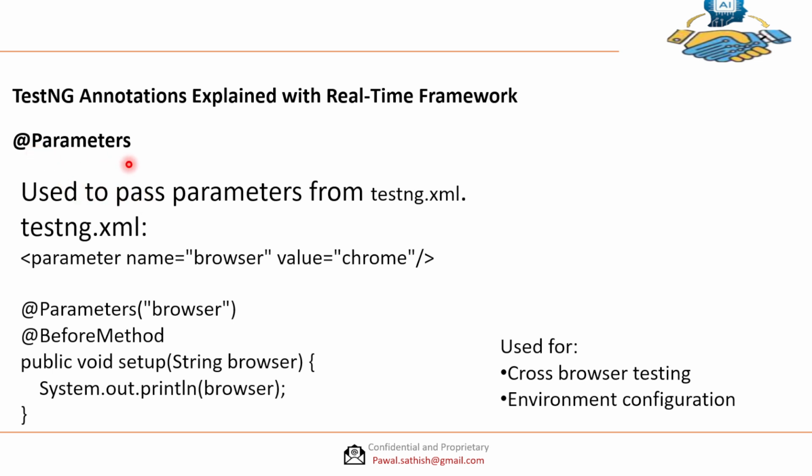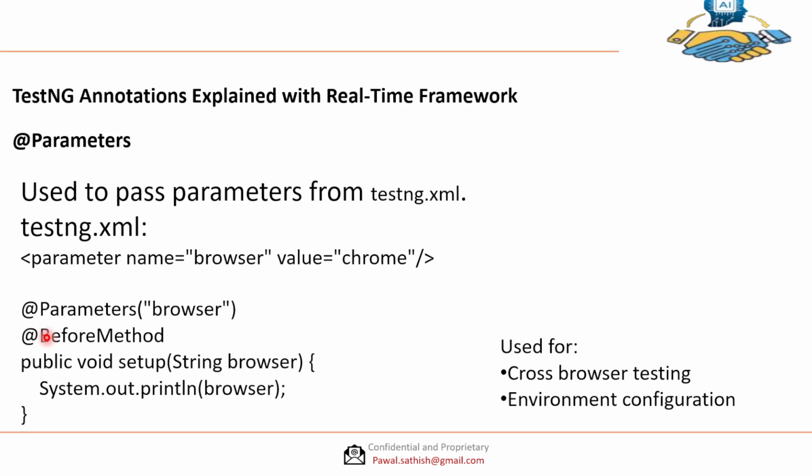Then @Parameters. If we are not using Excel files or JSON files to provide the different parameters, we can use the @Parameters annotation. It's used to pass the parameters from TestNG, so these parameters we basically define in testng.xml. Here you can see parameter name is equal to browser, value Chrome, so I gave the value Chrome.